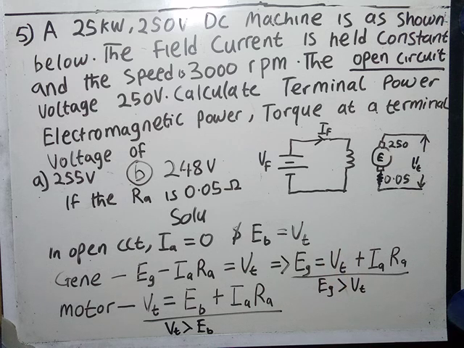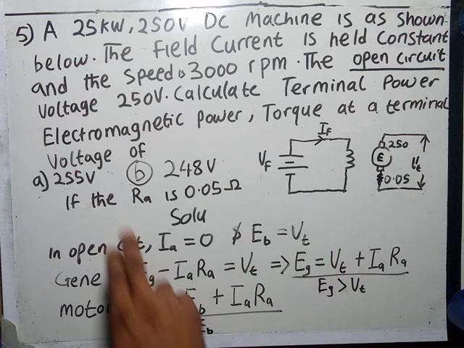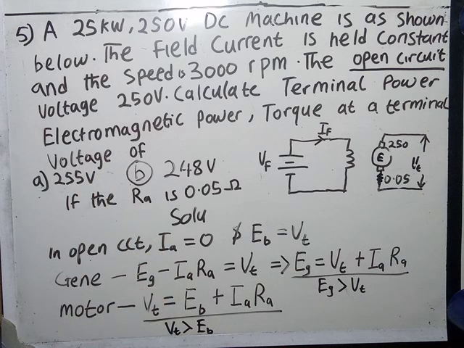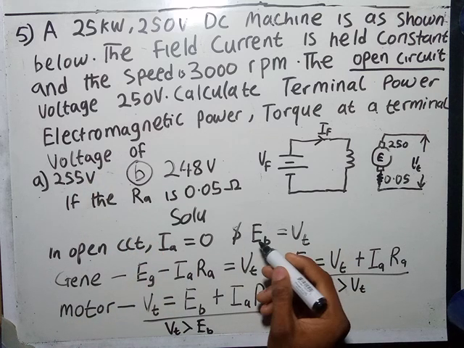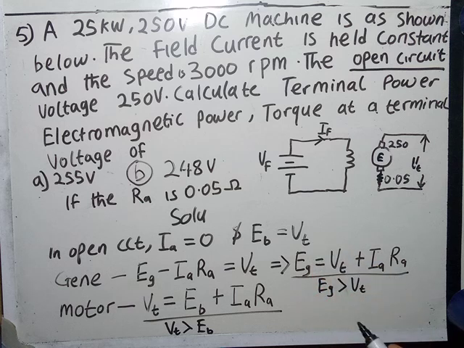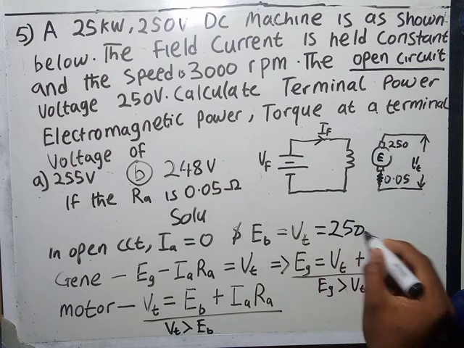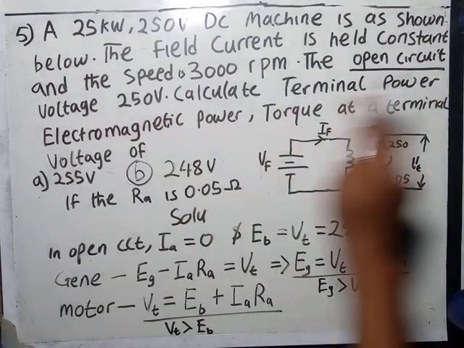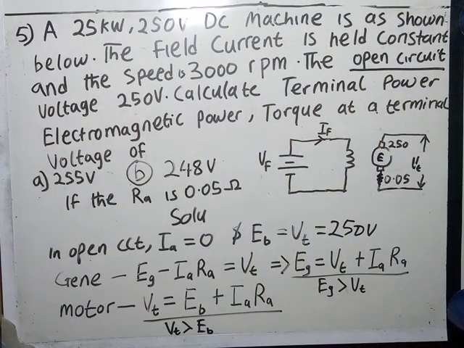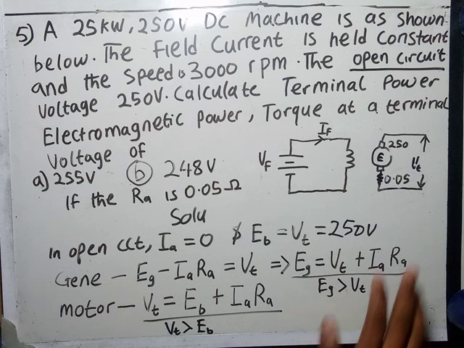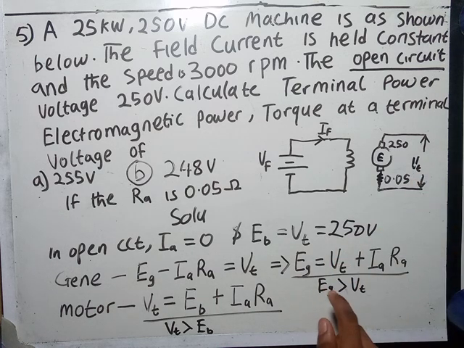Now, knowing this will help us to determine what equation we'll be using for this. So, like we said earlier, Eb is equal to Vt, and we are given this initially to be 250 volts, the open circuit voltage.